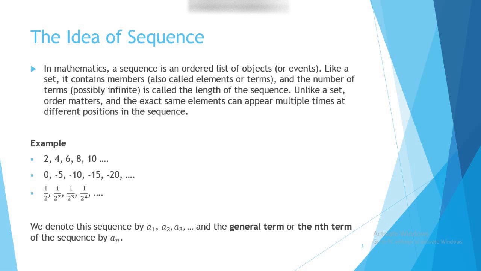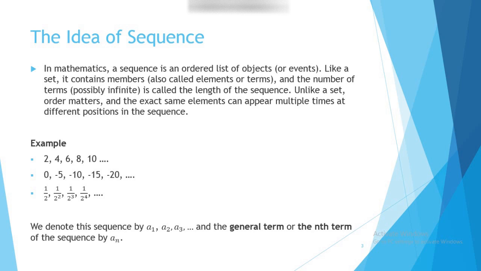For example, 2, 4, 6, 8, 10, and so on. So these terms increase by 2. 0, -5, -10, -15, -20, and so on. So these terms are reduced by 5 each time.